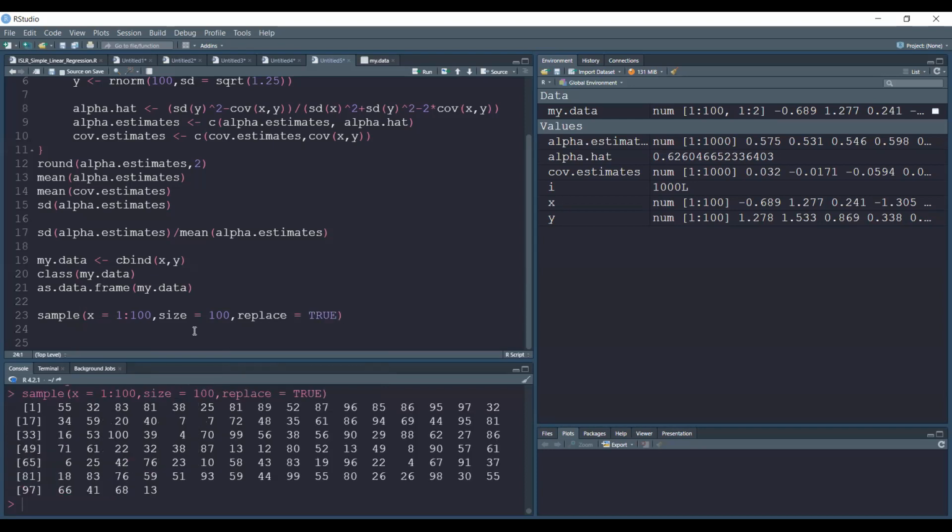And I do it. So our first row is going to be the 55th row, then the 32nd row, then the 83rd, but there is repetition, right? So for instance, I don't know if you're seeing any repeated rows, but I would be surprised if there isn't any repetition. So for example, the 32nd row is going to be repeated over here, and maybe I can find one other repeated row.